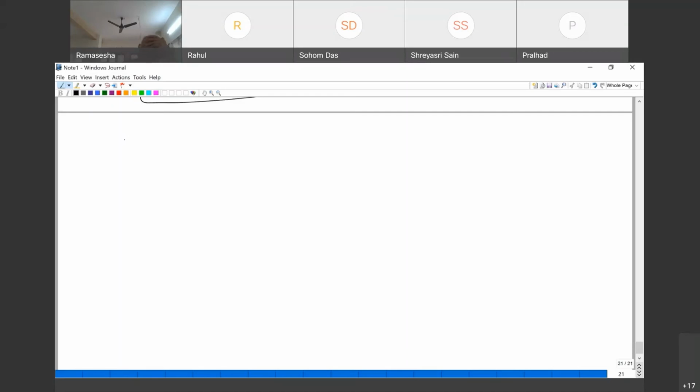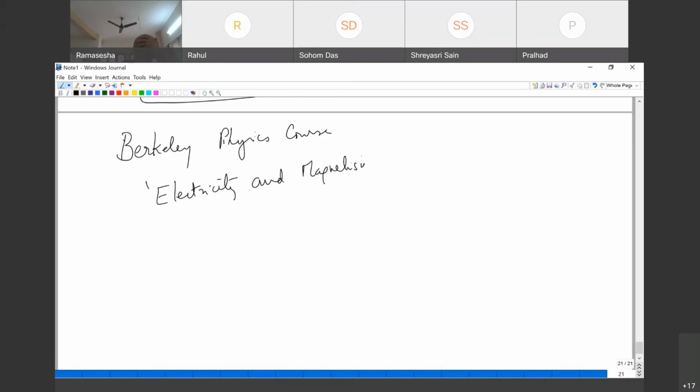So the place to look at is Berkeley Physics Course, Electricity and Magnetism, volume 2.